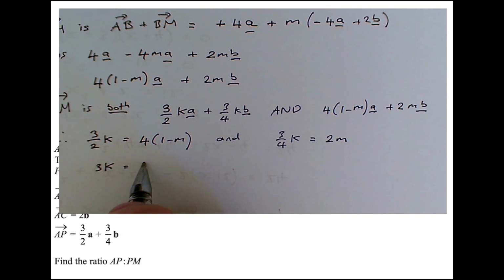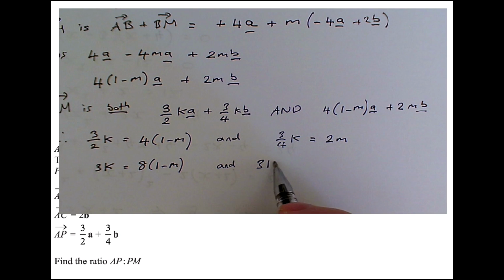Okay. So if I times through by 2 to get rid of that horrible fraction, 3k equals 8 brackets 1 minus m. And if I times this one by 4, I get 3k is equal to 8m. Now I can see I've got two equations both equal to 3k, which means that 8 minus 8m must equal 8m.